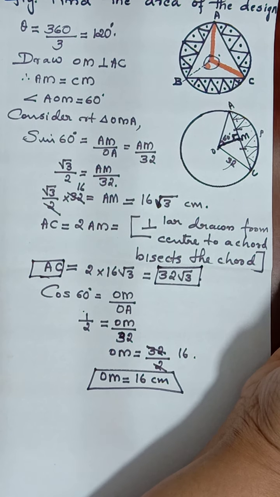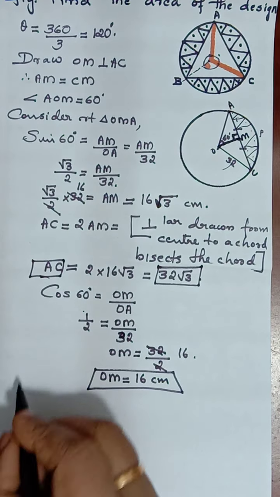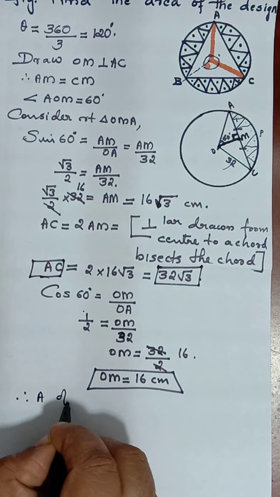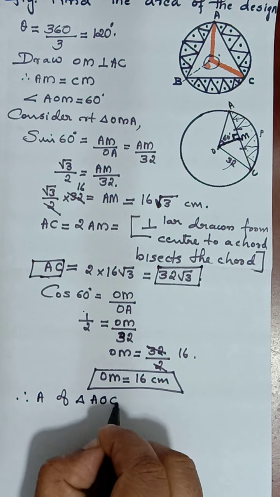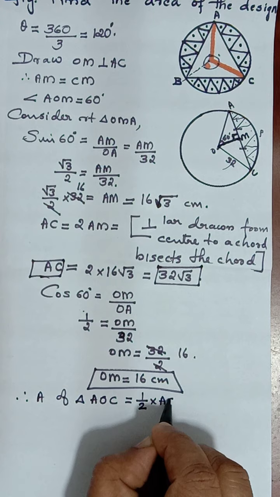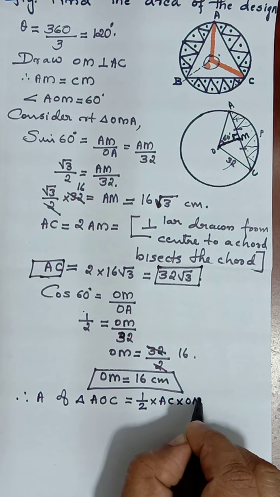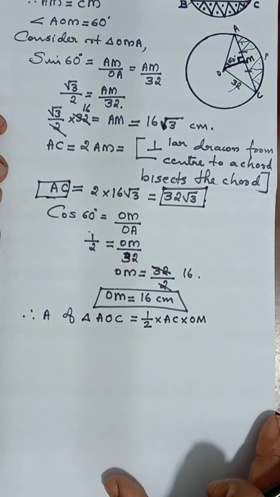Now let us find out area of the triangle. Therefore area of triangle AOC is equal to half into base AC into height OM. Just a substitution here now. We are going to substitute.